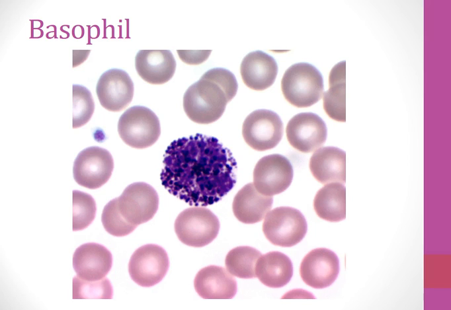The basophil is less than 2% of all the white cells. They have large blue-black granules in the cytoplasm. Those granules have histamine in them, and histamine causes the vessels to shrink, which is vasoconstriction. They also release heparin, which is a type of blood thinner.